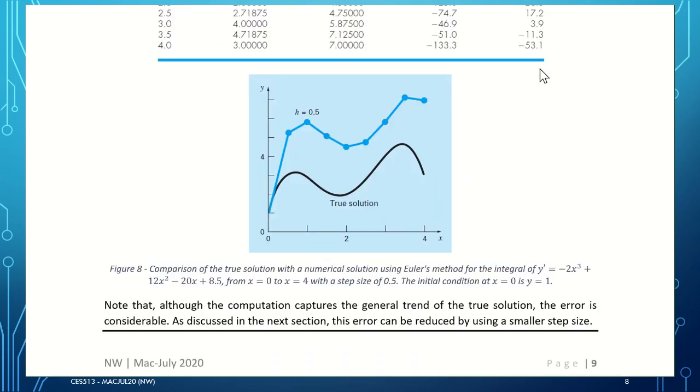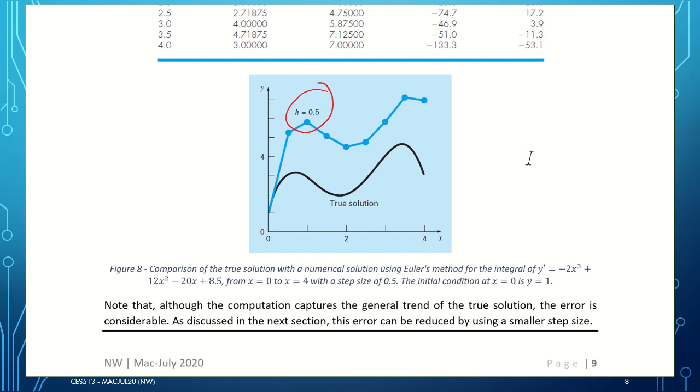So Figure 8 here is the comparison between the true solution, which is black in color, and the numerical solution using Euler's method for the integral of y' equal to negative 2x and so on, with a step size of 0.5.